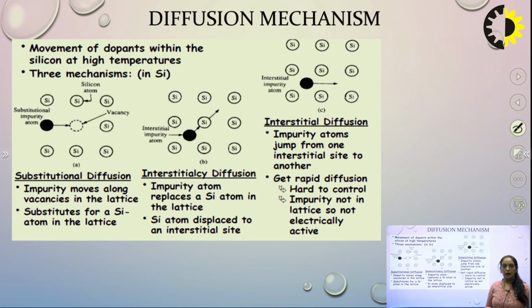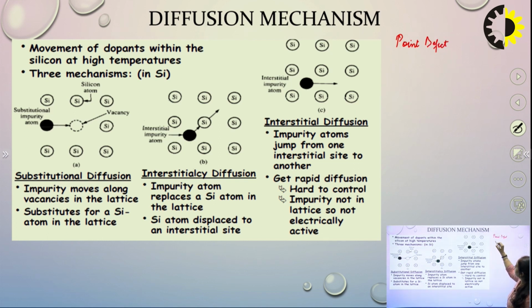We have seen when we studied the crystal structure that no crystal is perfect, right? Each crystal will have some deficiency, some defect. It can be a point defect, right?